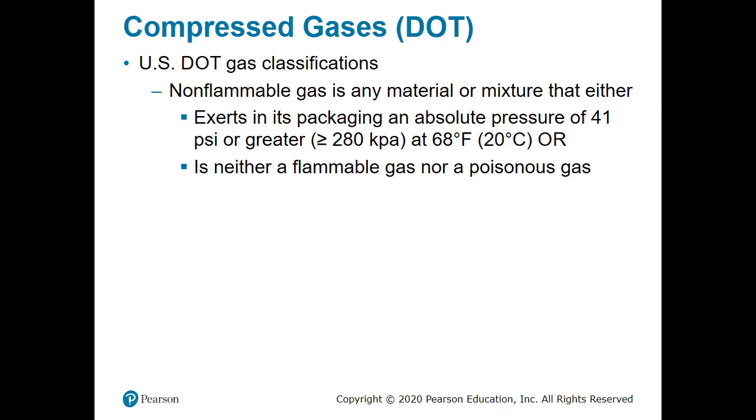More classifications from the DOT. So a gas can get a green placard, a non-flammable designation, if that material or mixture exerts in its packaging an absolute pressure of 41 psi or greater at room temperature, and is neither a flammable gas nor a poisonous gas.